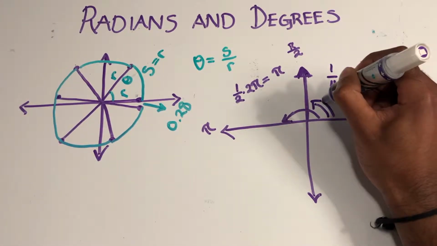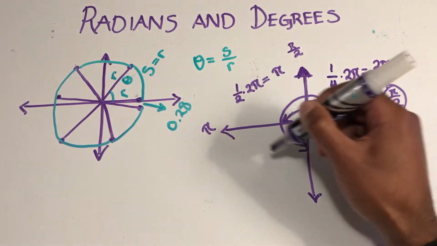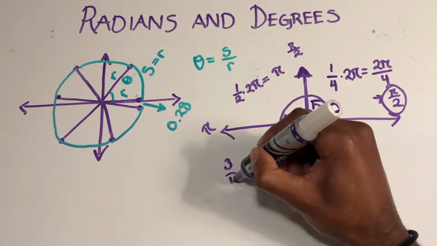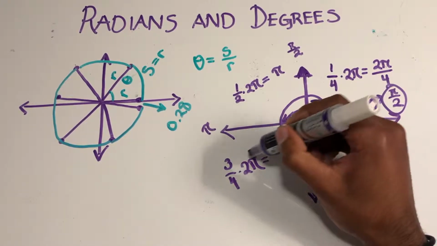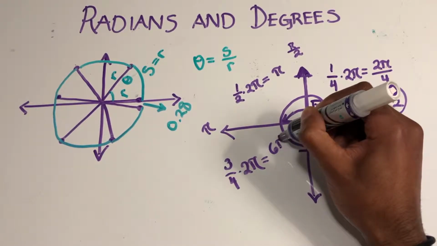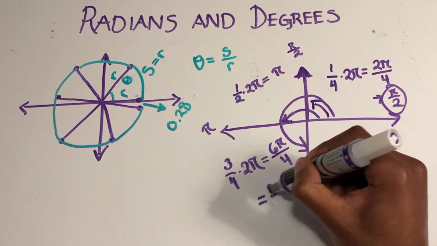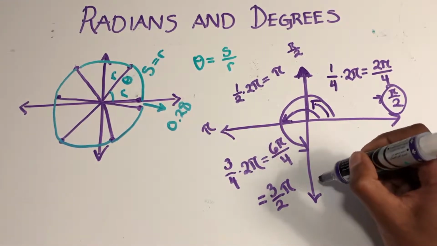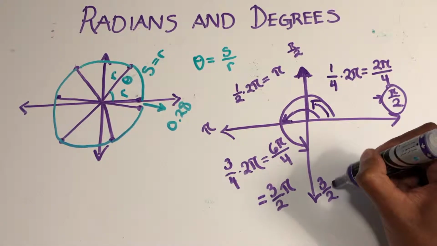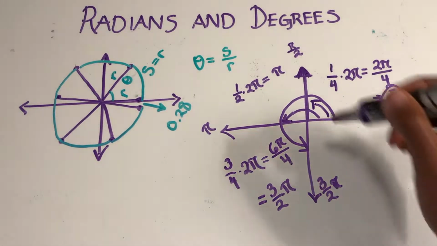If we were to go 3/4 of the way from where we started, 3/4 times 2 pi, that's 3 times 2 pi is 6 pi, then we have 4 at the bottom. If we simplify, we end up with 3 over 2 pi, and 3 over 2 pi does lie on the negative side of the y-axis.